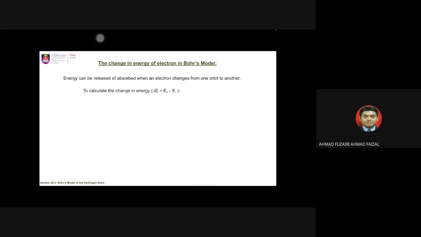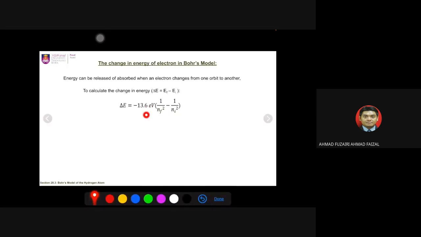Okay, so to calculate the change in energy, we can use this equation delta E equals E final minus E initial. So by substituting the equation from the previous slide, we can rewrite the equation in this form.